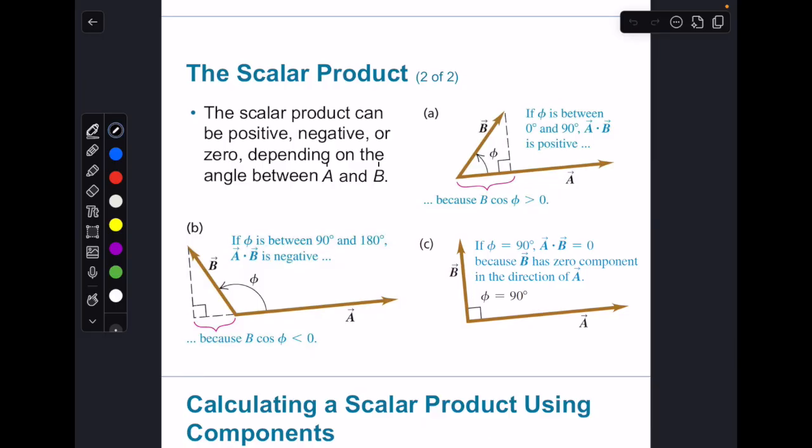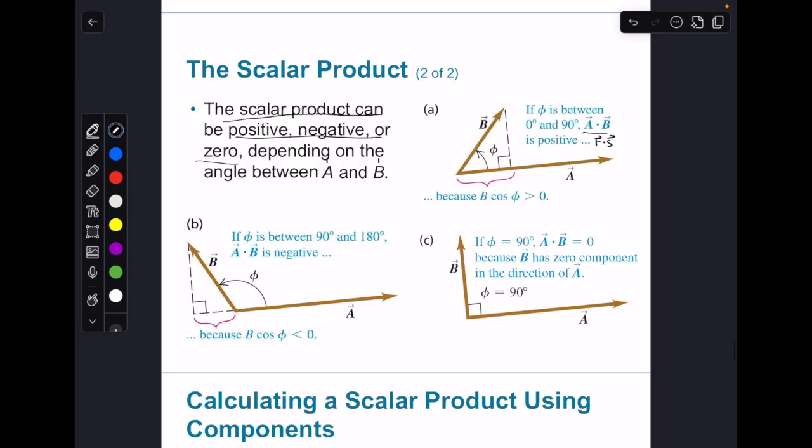So a scalar product can be positive, negative, or zero, right? Depending on the angle between A and B. So we reviewed two cases. A dot B is positive, or in our case, we're looking at F dot S. It's positive when the angle between A and B is between 0 and less than 90 degrees.